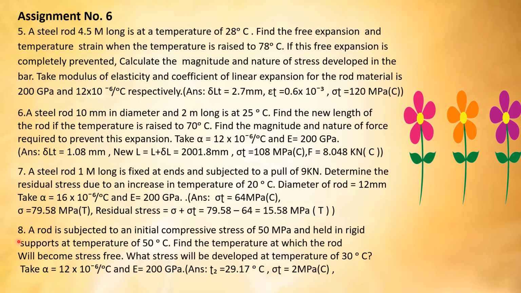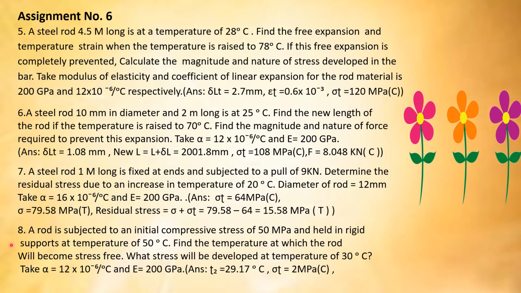Next question, question number 8. A rod is subjected to an initial compressive stress of 50 megapascal and held in rigid supports at a temperature of 50 degrees Celsius. Find the temperature at which the rod will become stress free. What stress will be developed at a temperature of 30 degrees Celsius?